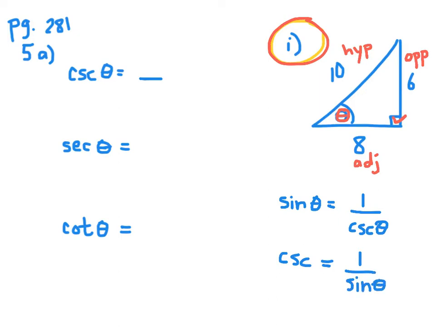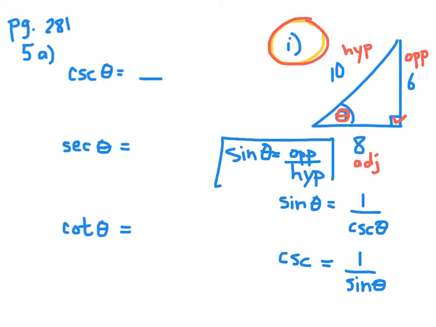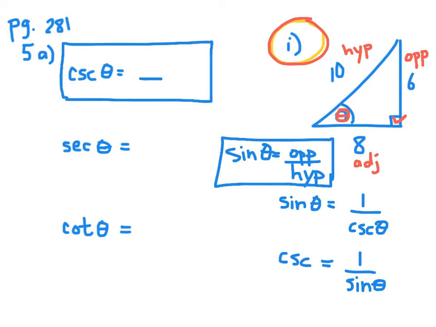We also know that sine of theta is opposite over hypotenuse from the acronym SOHCAHTOA. So if sine is opposite over hypotenuse, and we know cosecant is the reciprocal of sine, that means cosecant has to be hypotenuse over opposite. So just flip the fraction upside down.